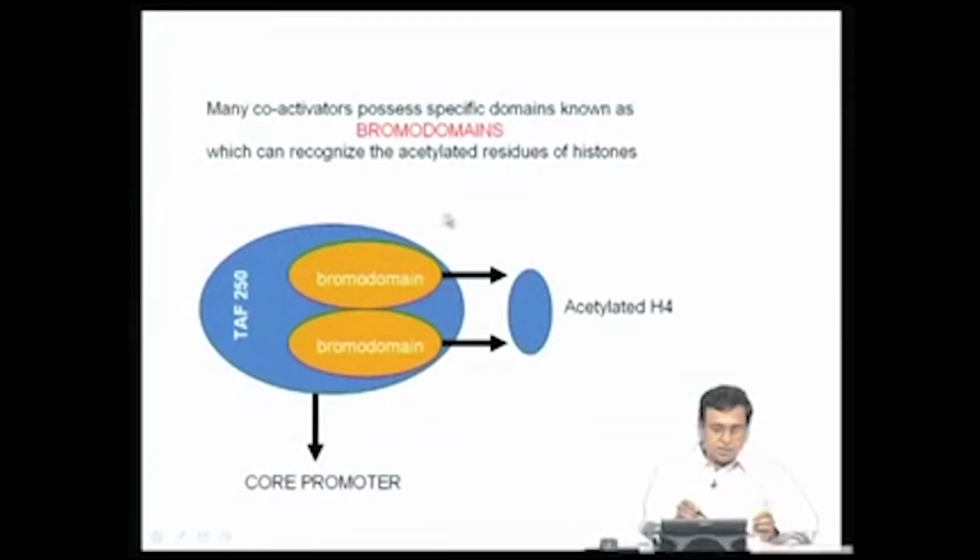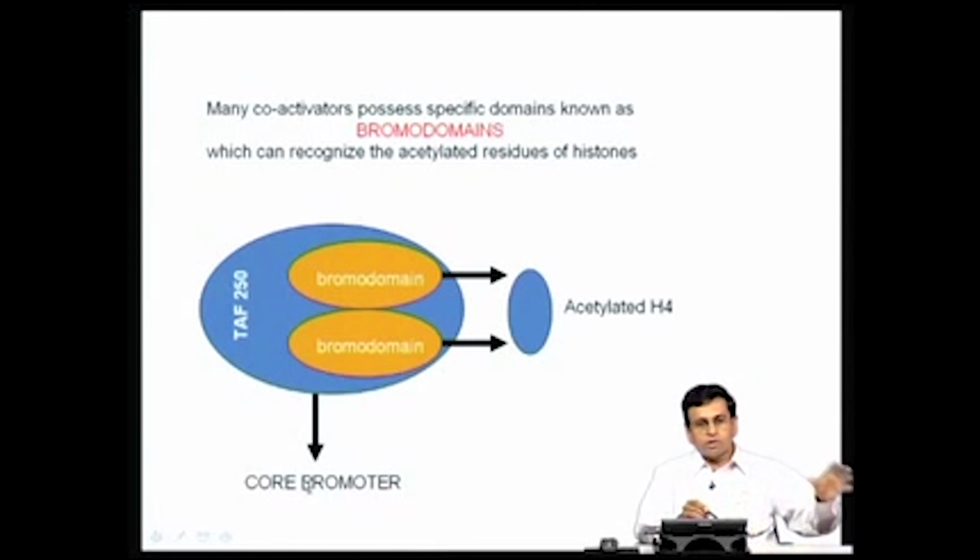Many coactivators possess specific domains known as bromodomains, which can recognize the acetylated residues of histones. For example, in this cartoon I have shown how one of the components of TFIID, namely TAF250, the TBP associated factor 250, through its bromodomains, on one hand can recognize the acetylated histone H4 residues, and on the other hand, TAF250 in association with other components of TFIID can also recognize the core promoter factor, and therefore these two processes can be integrated, and that is how it brings about activation of transcription.